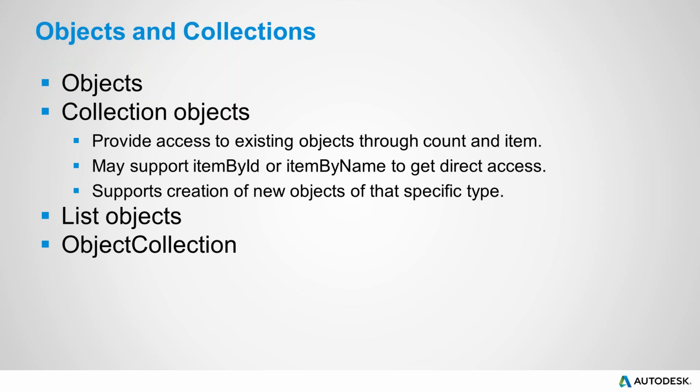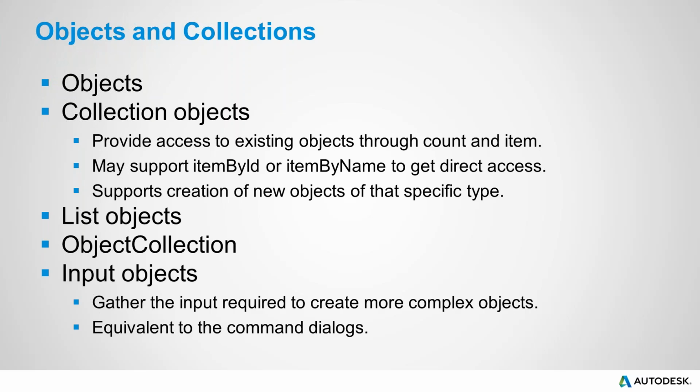For example, if I'm going to do a fillet and I have three edges, the way I would supply those edges is I first create an object collection, add those three edges into the collection, and then pass that collection into the method to create a fillet. So in quite a few cases, you'll have to create an object collection as input, and there are also quite a few cases where an object collection is passed back as a result. So just something to be aware of, that thing exists.